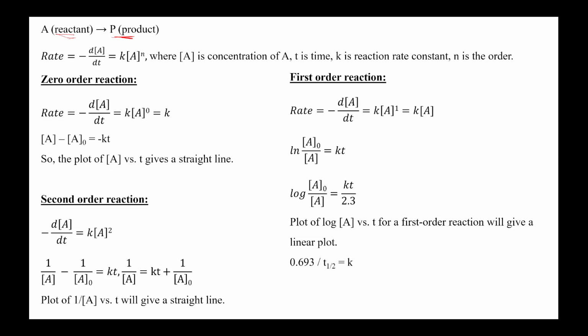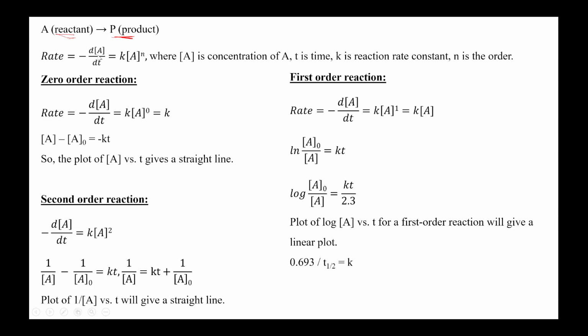Okay, so let's say I want to find the rate of this reaction, A goes to P. Either I can say the change in concentration of A over a small time, let's say the time t. So what is the change in the concentration of A in time t? You know that reactant is forming the product, so the change in concentration is going to be a decrease, right? The concentration of A is going to decrease in order to form P. That's why the rate is given here as a negative of dA.